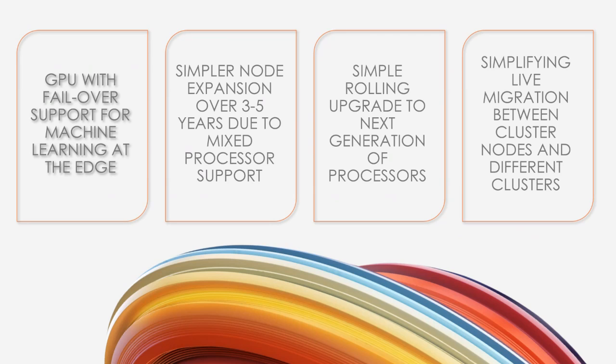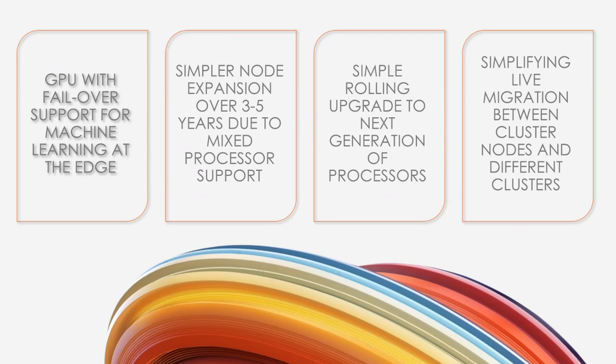Rolling old servers out and rolling new servers in while maintaining business continuity is also now a possibility. And live migration between clusters with same vendor version processors is also now possible. There are some really great improvements here, helping to bring further agility and mobility to on-premises.